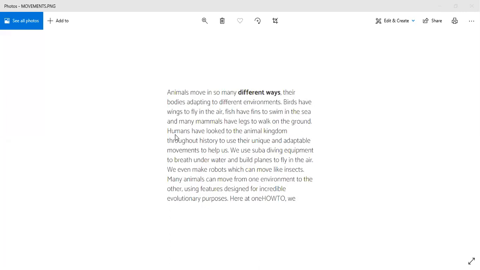Humans have looked to the animal kingdom throughout history to use their unique and adaptable movement to help us. So what they are saying is animals are every time ready to help us. As human beings, across many generations, some keep pets at home, some give food to the animals, some give a little food to the birds and keep water for the birds.